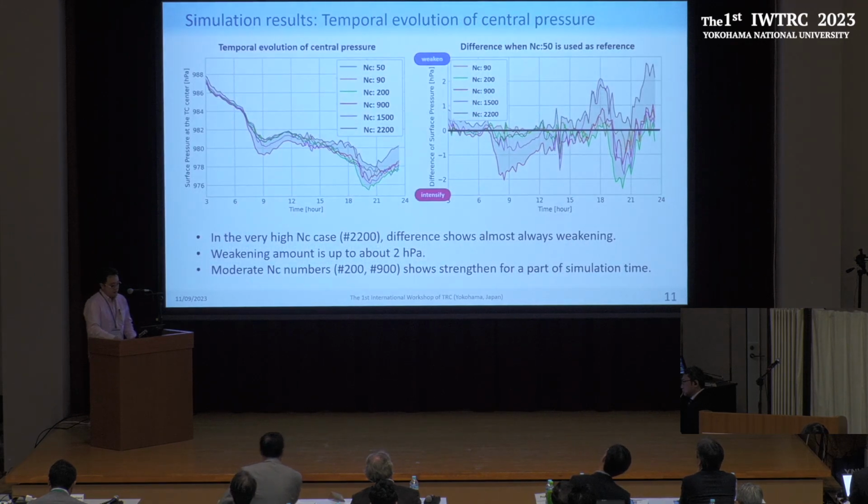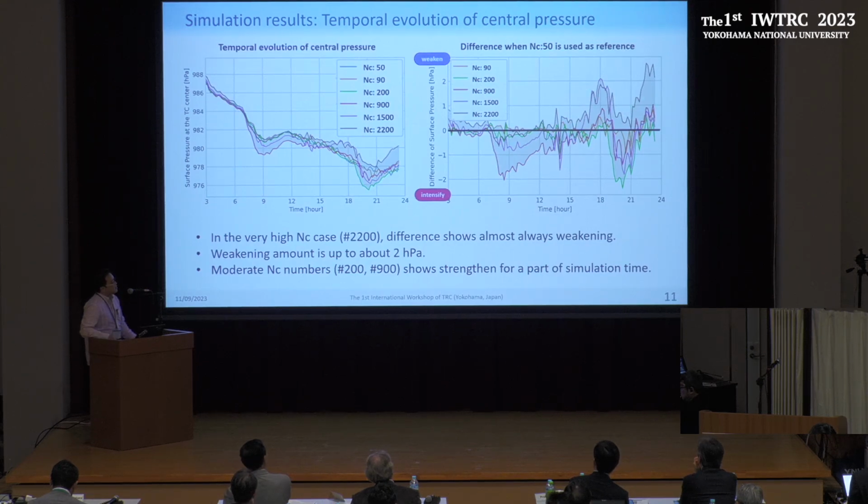Here I'm showing the simulation result. The left-hand side is the temporal evolution of the central pressure for different settings of the number of CCN. The right-hand side shows the difference from the concentration of 50, the most green case. Please see the brown line.